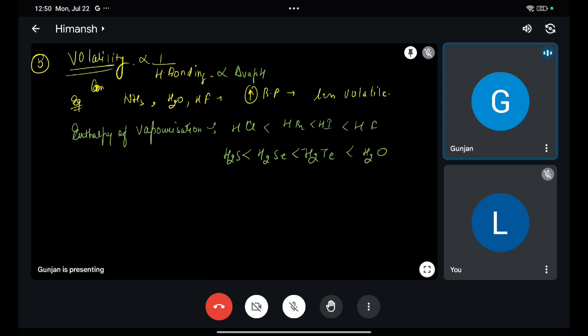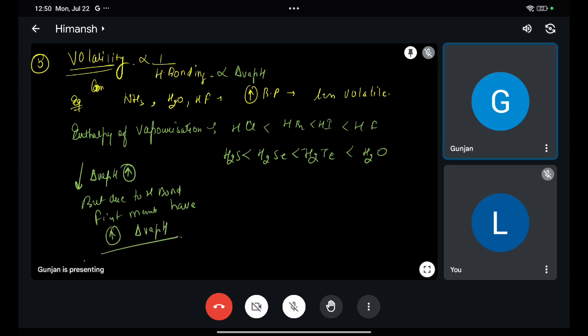Basically, on moving from top to bottom, enthalpy of vaporization increases, but due to hydrogen bonding, the first member has high enthalpy of vaporization. Got it now?